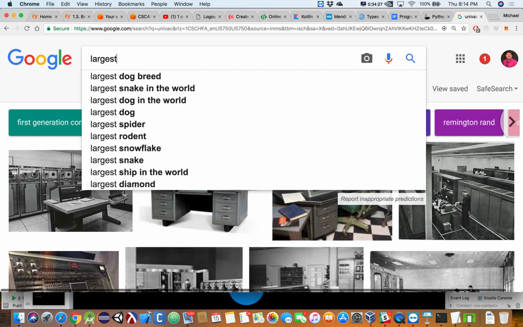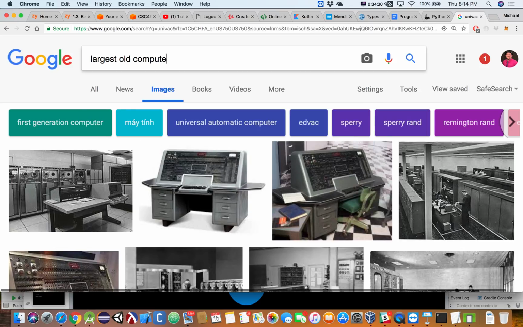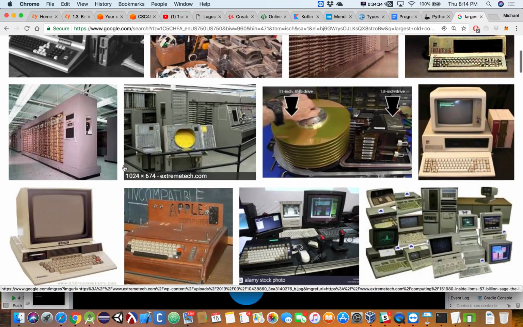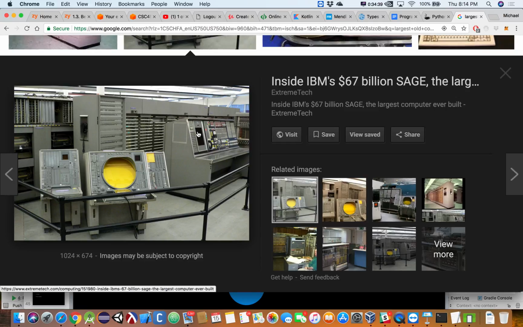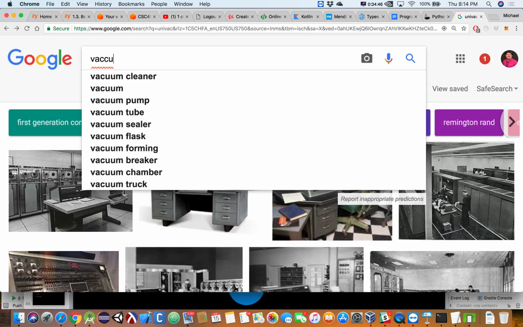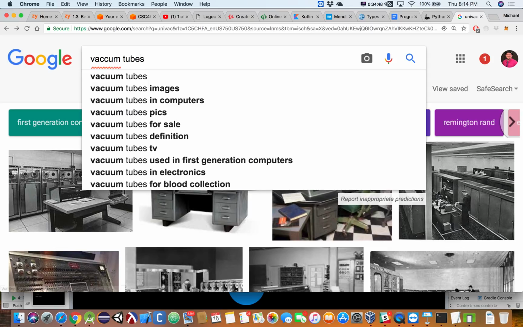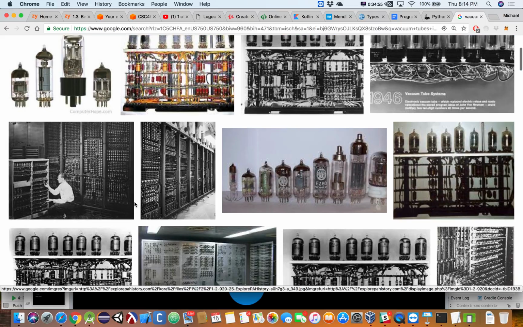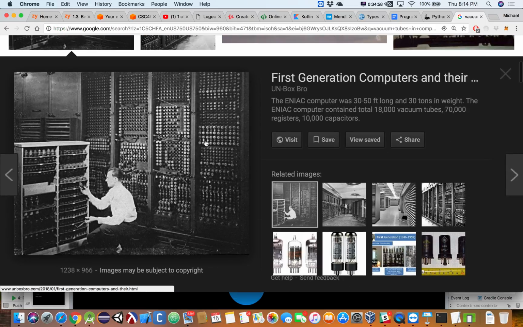Let's see, largest old computer. Is that EDVAC? Here's an old computer. So these banks of vacuum tubes, you'll see it's almost like little light bulbs.